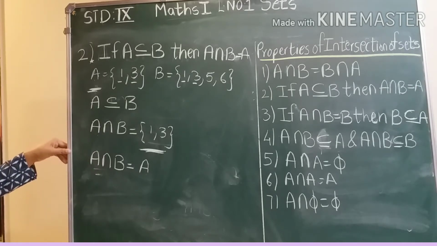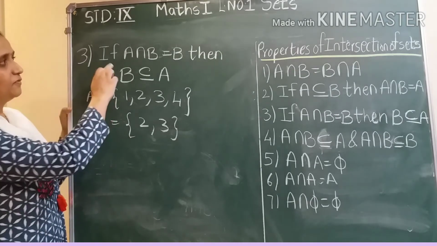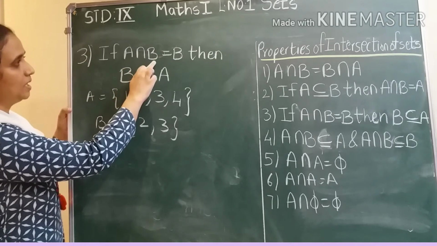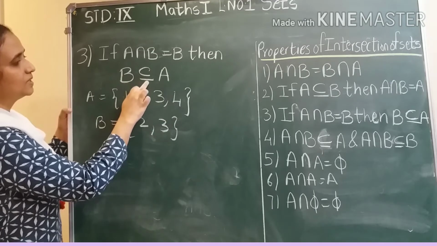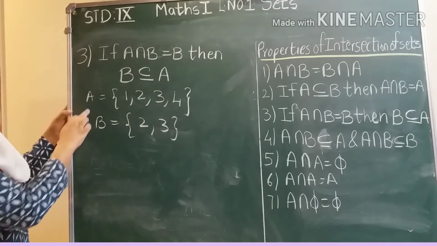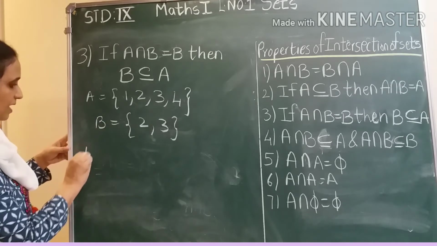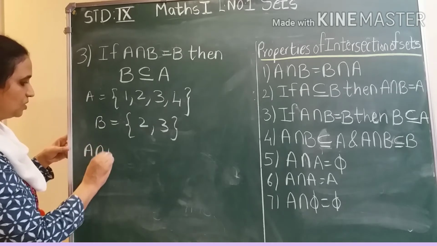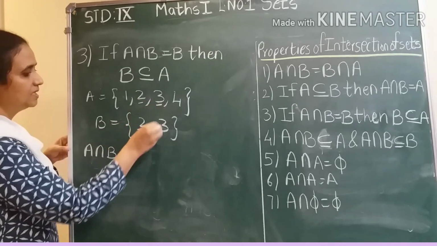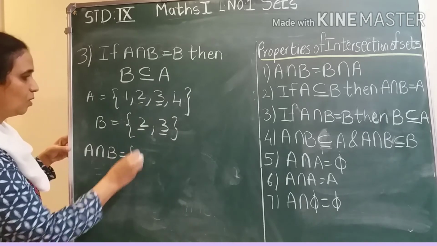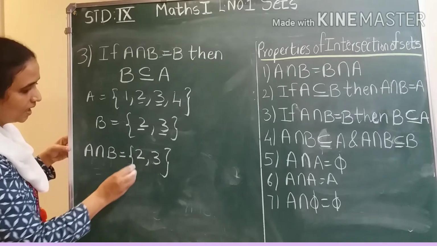You copy down this. The third property that we are going to verify is if A intersection B is equal to B, then B is a subset of A. Two sets are given over here, set A and set B. Now we'll write A intersection B. A intersection B means common elements in set A and set B. So which are the common elements? 2 and 3 are the common elements.